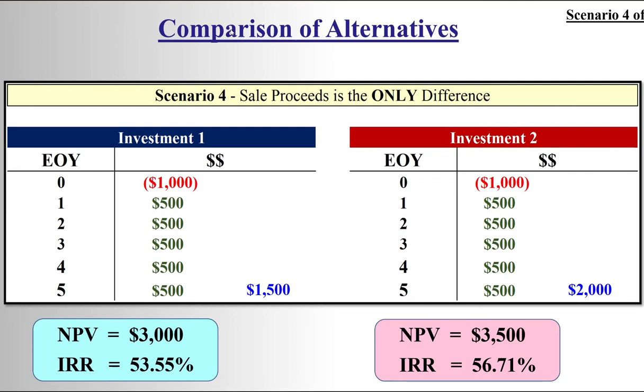So when you run the NPV, obviously the NPV for investment 2 would be more, $3,500. So would the internal rate of return. But you can kind of look at that and tell, because you're putting the same amount of money down, you're getting the same annual income, but you sell it for a higher price, you would obviously have a higher return.